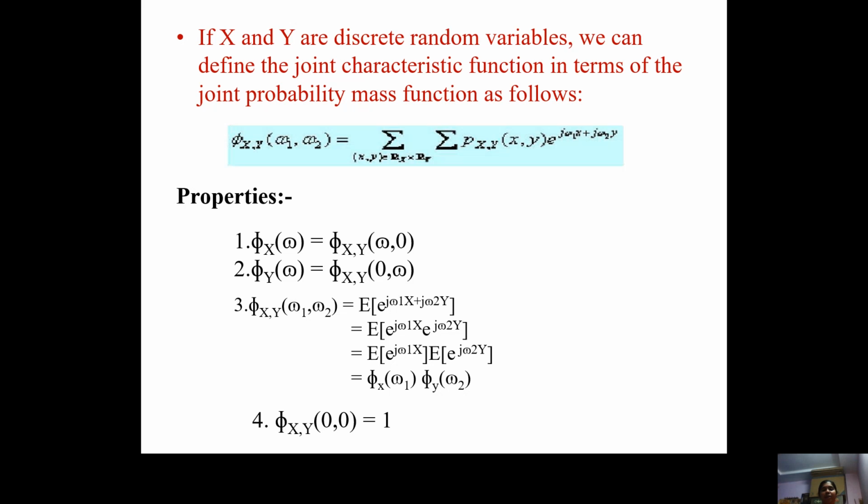And the other property is phi xy of 0, 0 is always equal to 1. When both random variables are 0, then the characteristic function will be equal to 1.